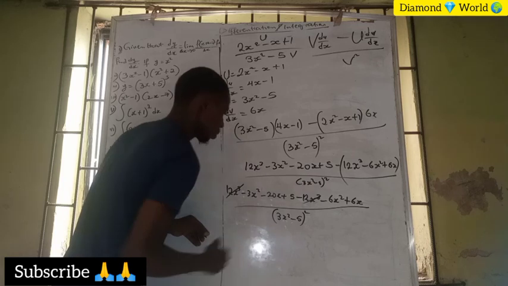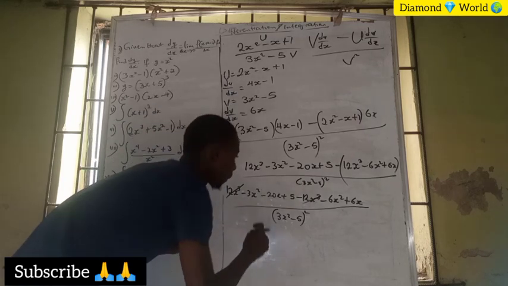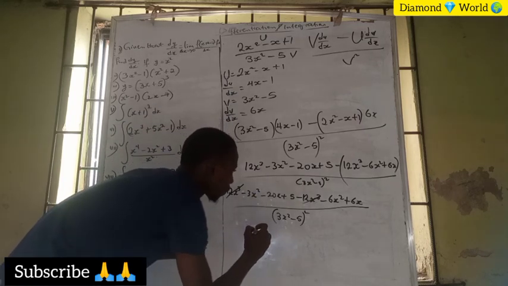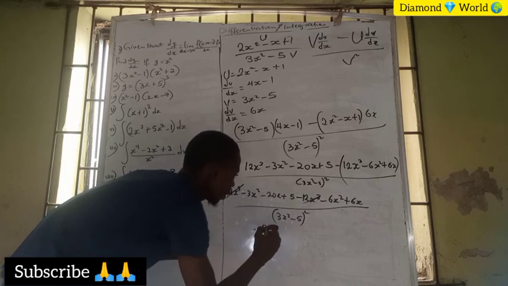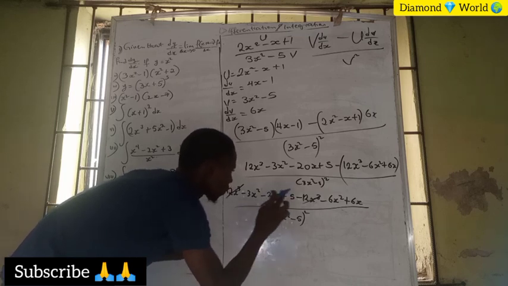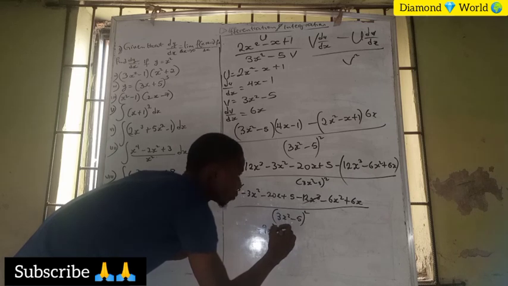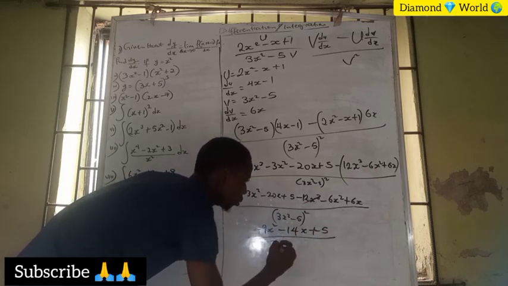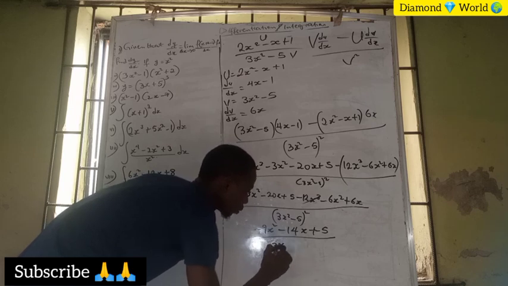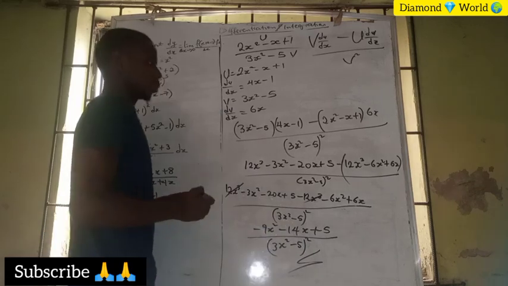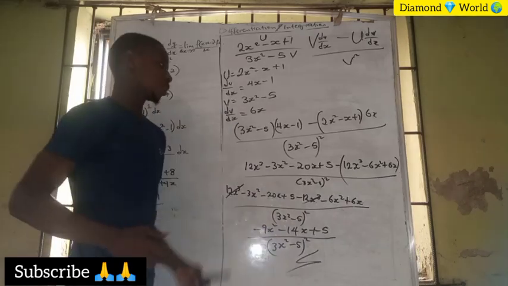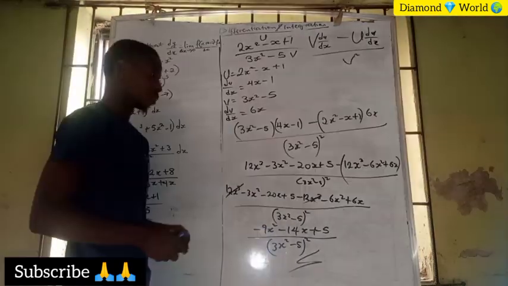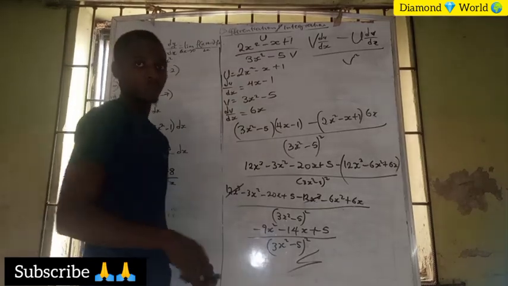This can cancel this. Now we have minus 9x squared. This and this together will give me minus 14x plus 5, all over 3x squared minus 5 all raised to the power of 2. Now we're done. This is how to solve this in the normal way.